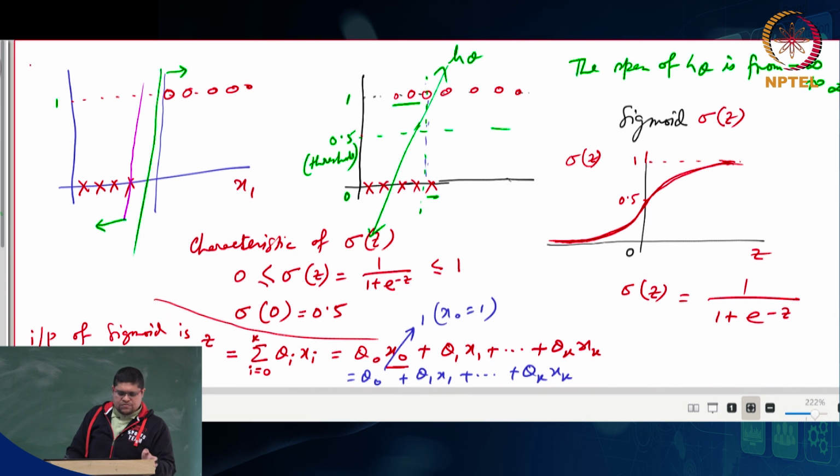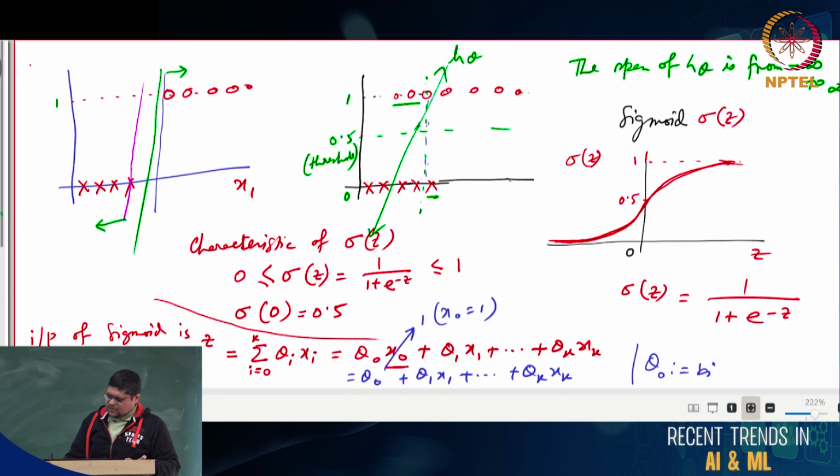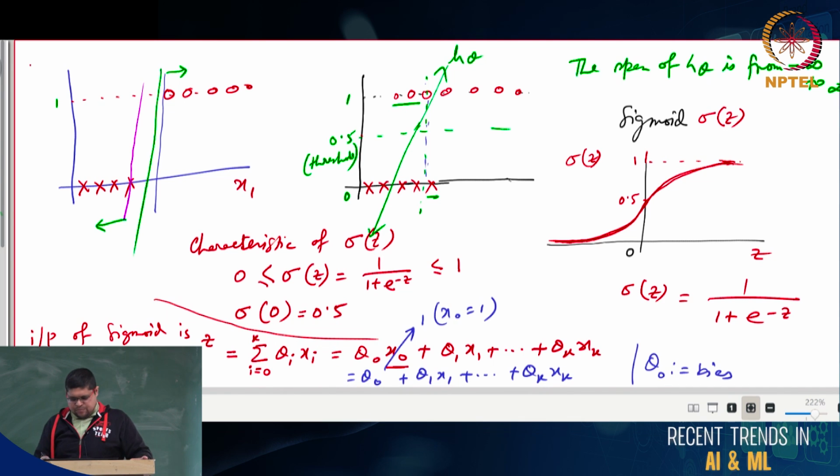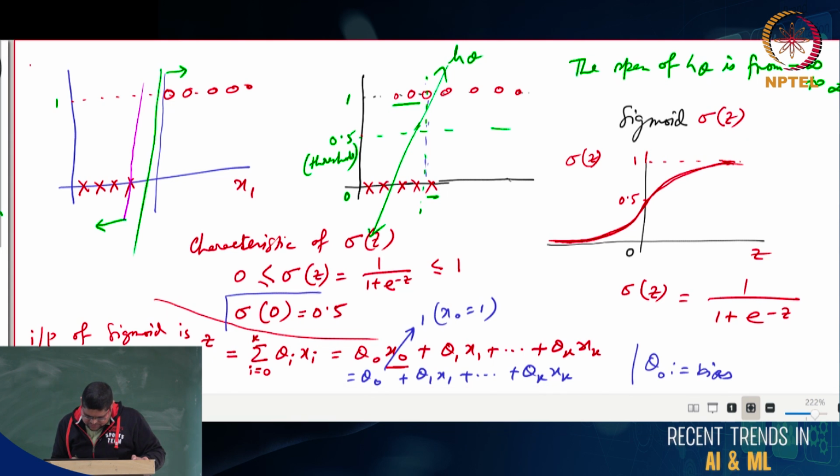So theta 0 I am taking as bias. Theta 0 is a special term. Why this bias is important, I will come into that also. Okay? So now one interesting fact, remember this one is very important.